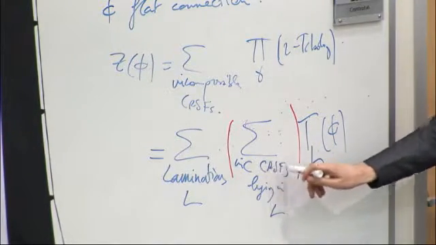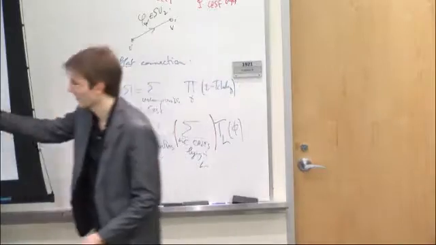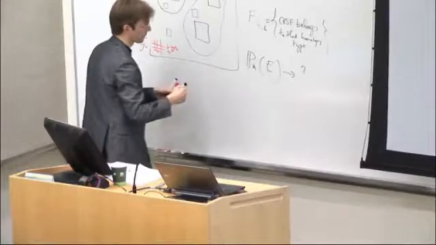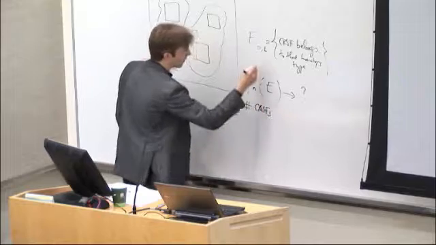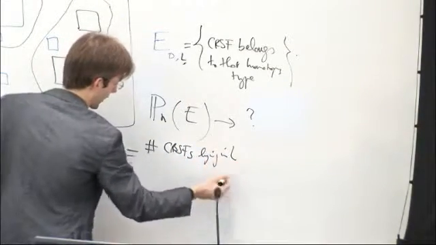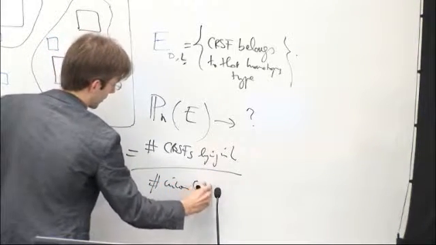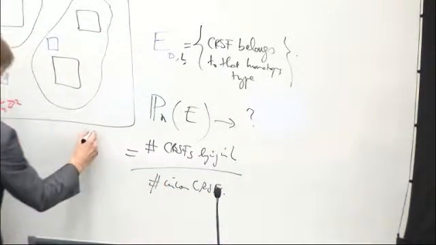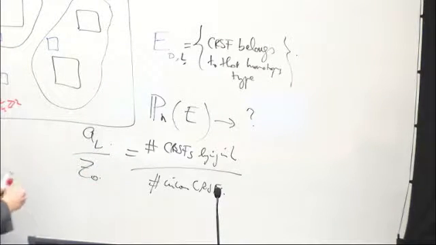Well, this is the number of CRSFs lying in L. But this is the numerator, if you want, of the probability we're trying to compute, because P_n of E is exactly the number of CRSFs lying in the lamination we have chosen, L, divided by the total number of incompressible CRSFs. So I will write A_L for this number, and for this partition function just Z_0.